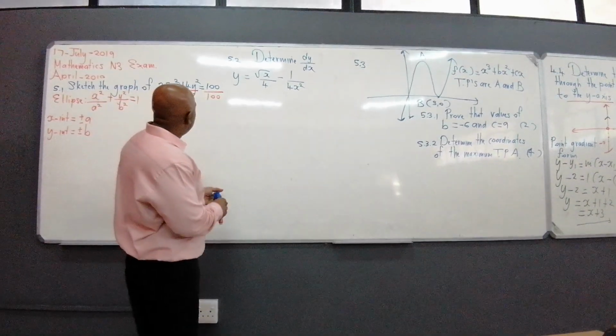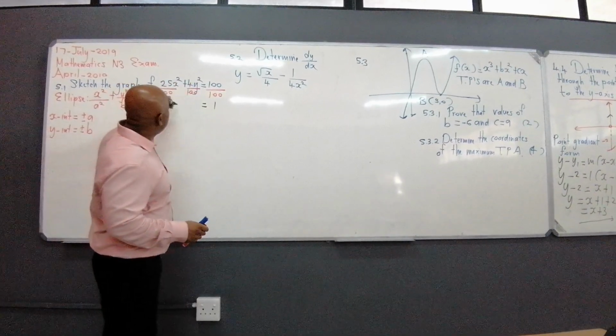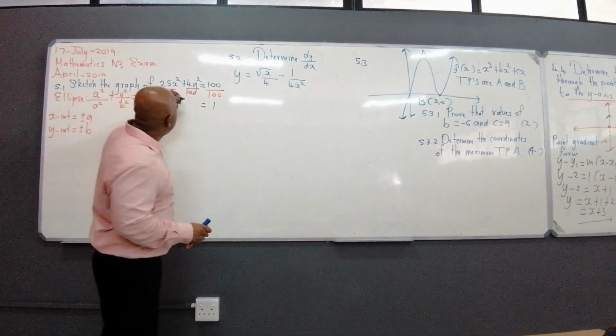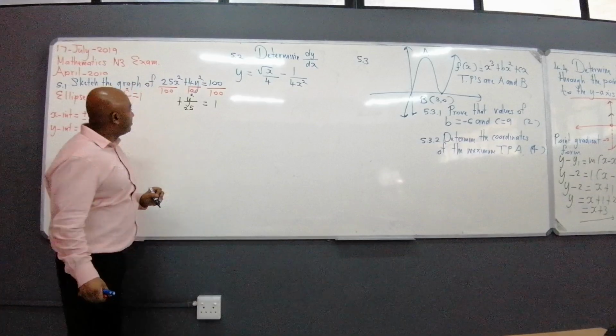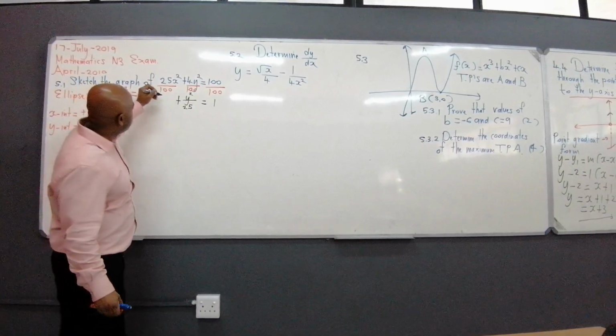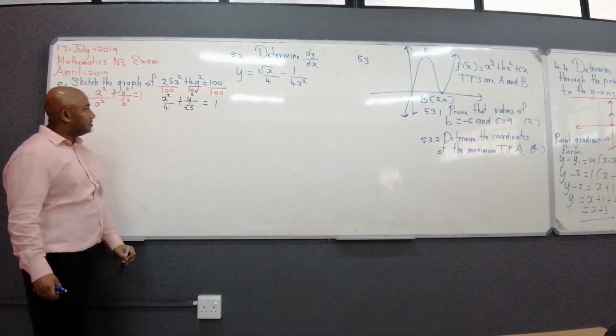So 100 over 100 is 1. 4 over 100, that's 4 times 25, so that will be y squared over 25. 25 over 100, that's 25 times 4, so that will be x squared over 4.